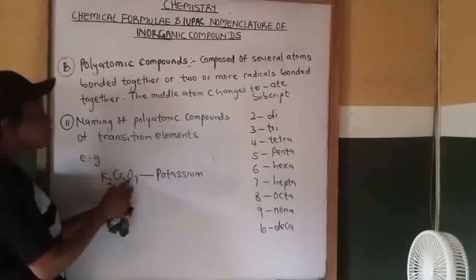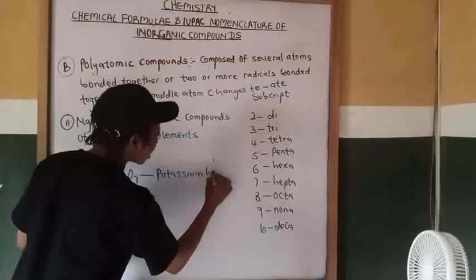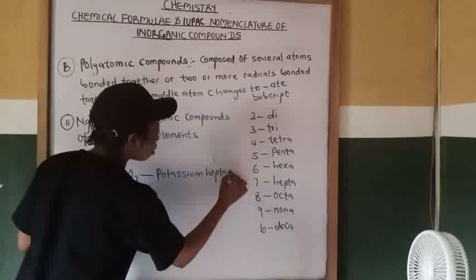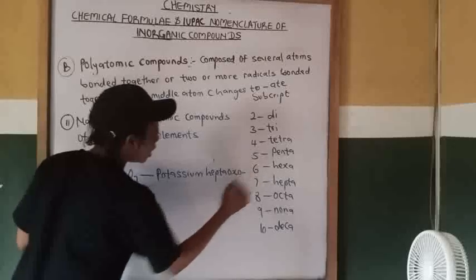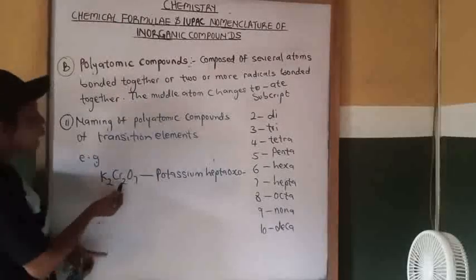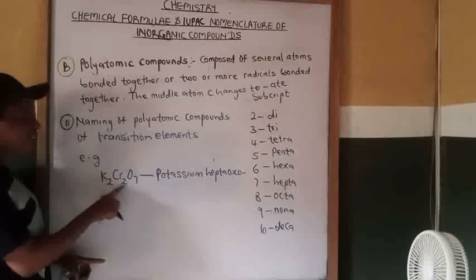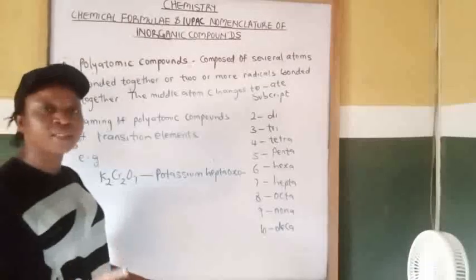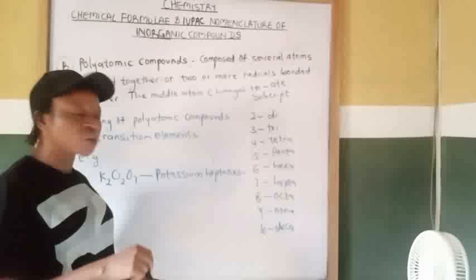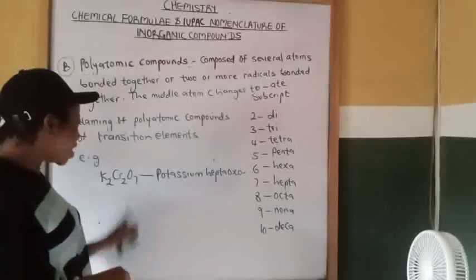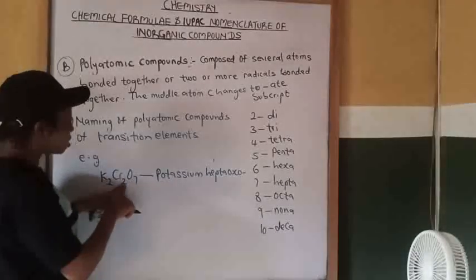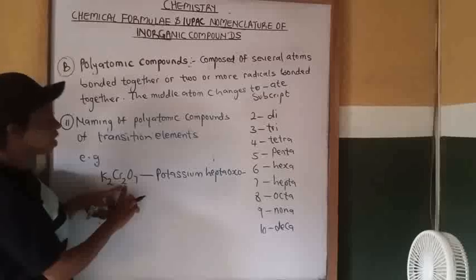Then oxygen changes to oxo: heptaoxo. Then how many chromates? You name the subscript of chromate, and here it is 2.